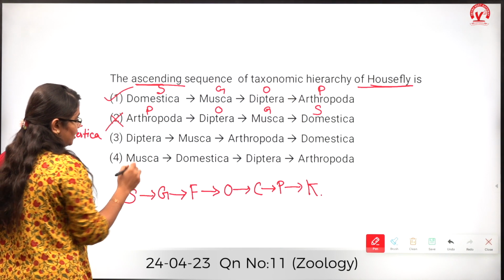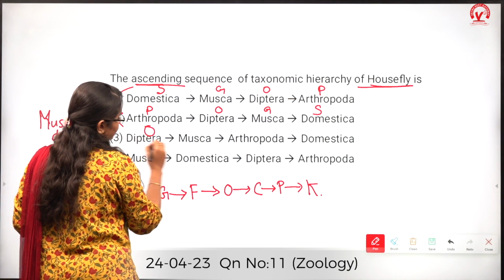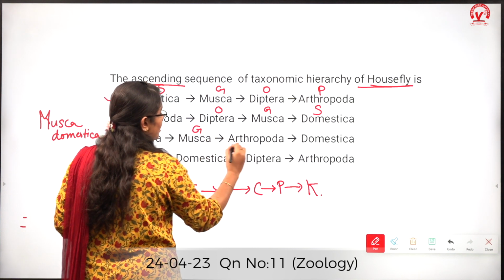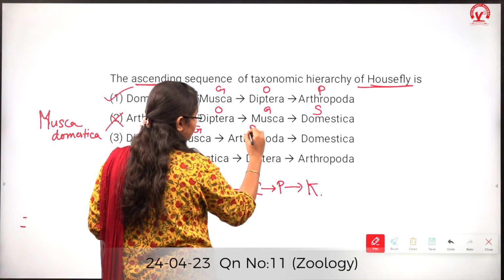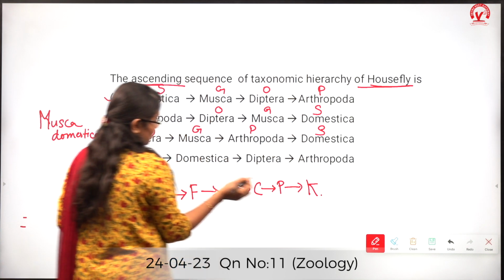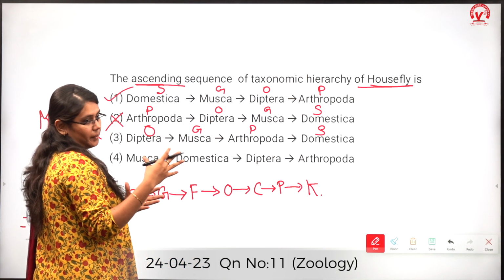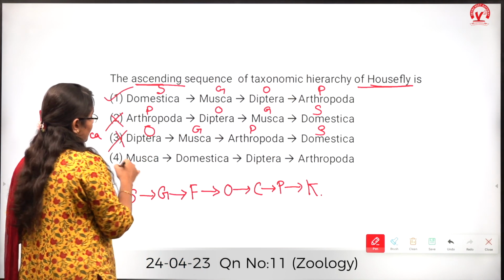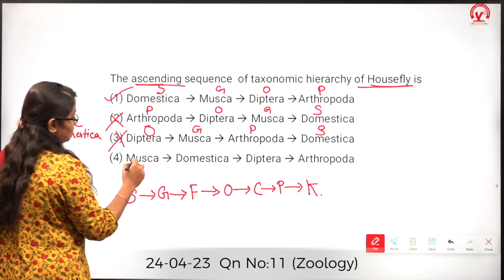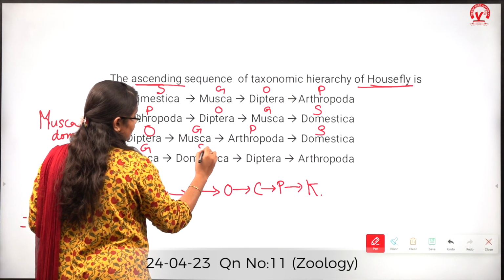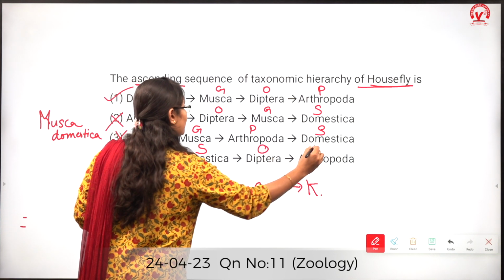Coming to the third option, here Diptera is order, Musca is genus, Arthropoda is phylum and domestica is species. So here they are arranged in an irregular manner, so it is not correct. And the last option, Musca is genus and domestica species, order, phylum.